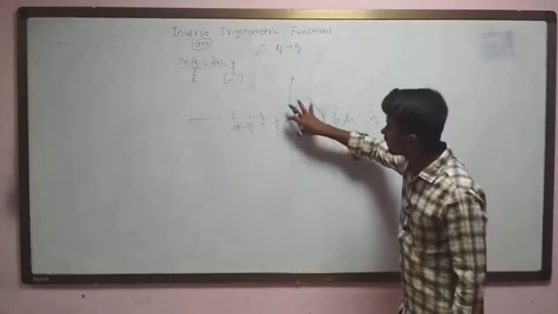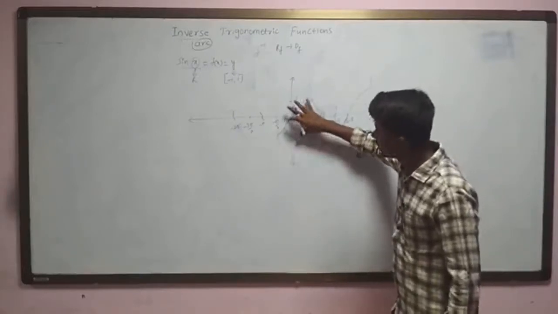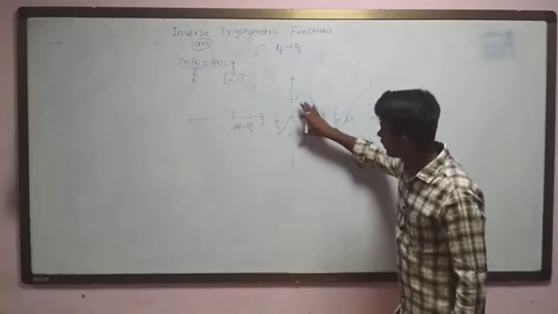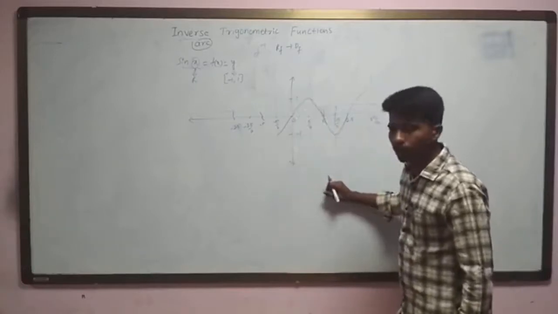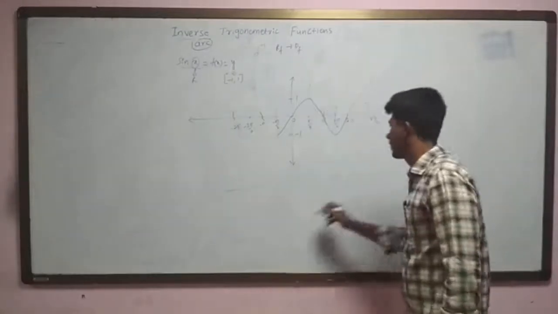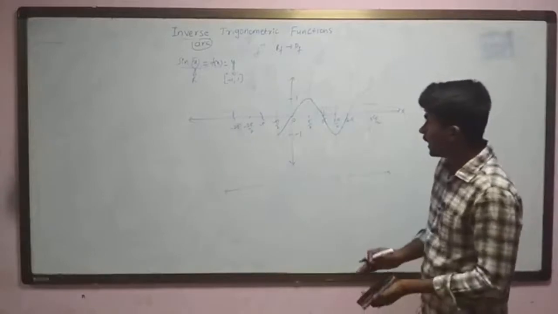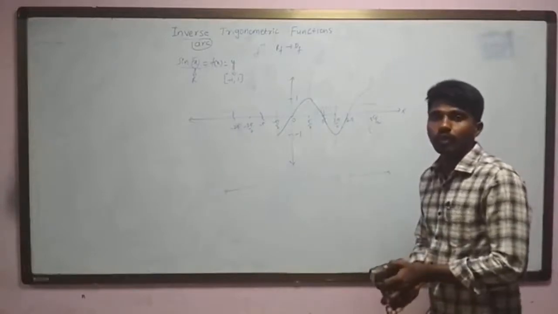See, sin x is defined in between these particular intervals, and we are getting its range as 1 to -1. Now if I want to find its inverse, I have to make x values as y values and y values as x.